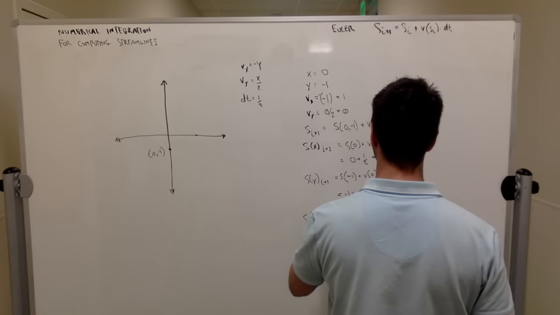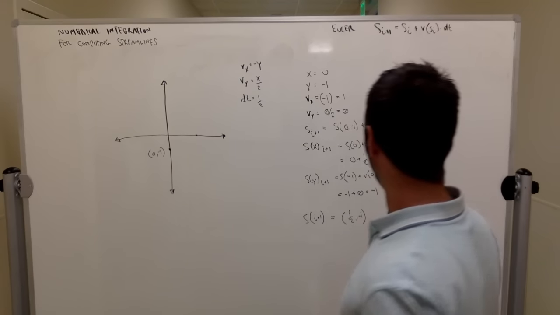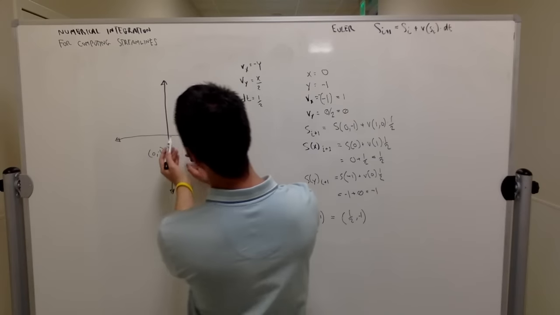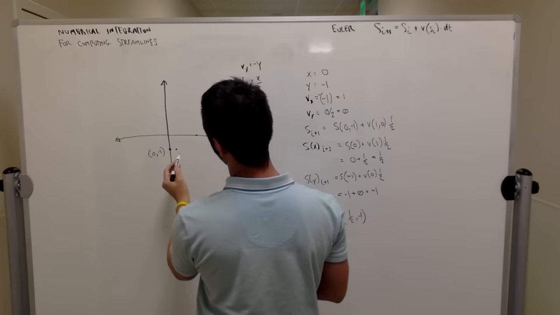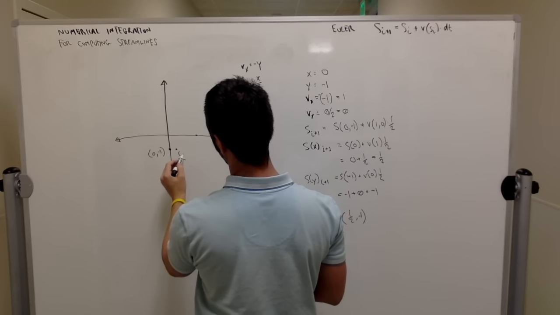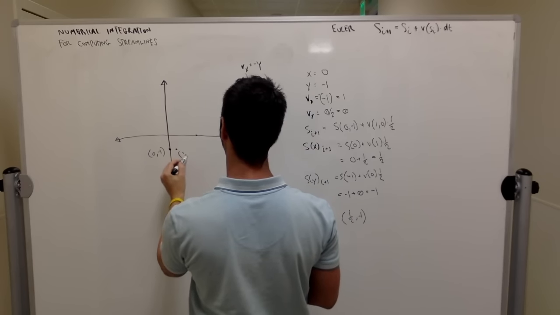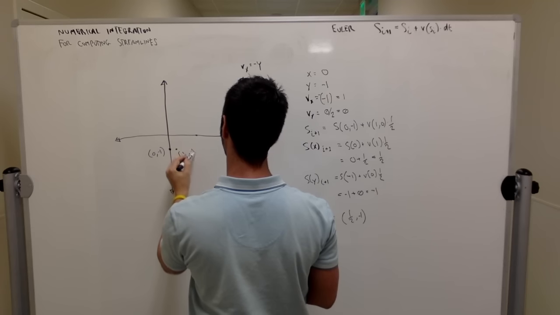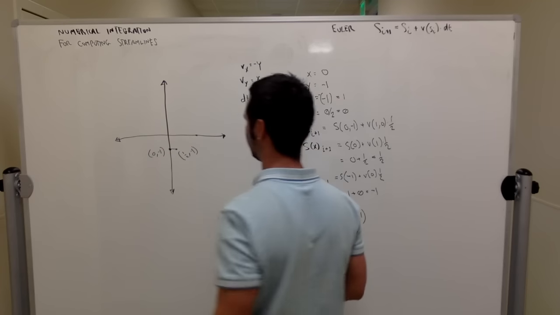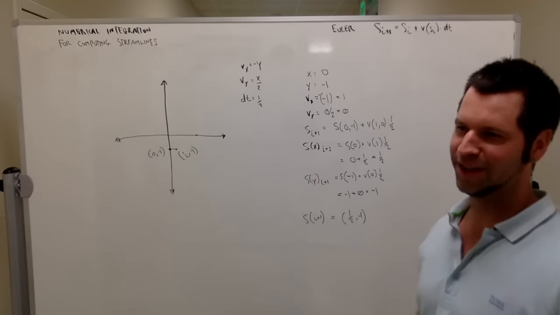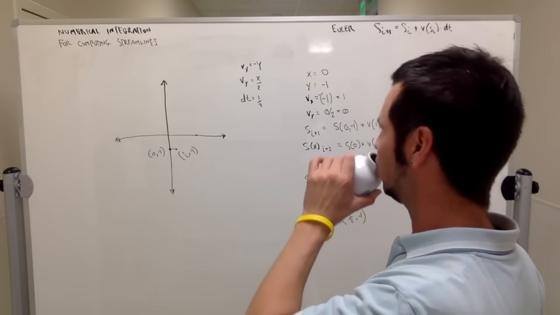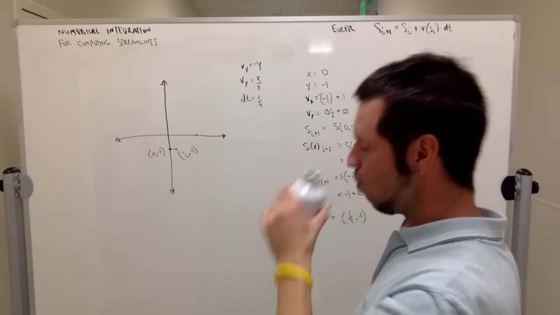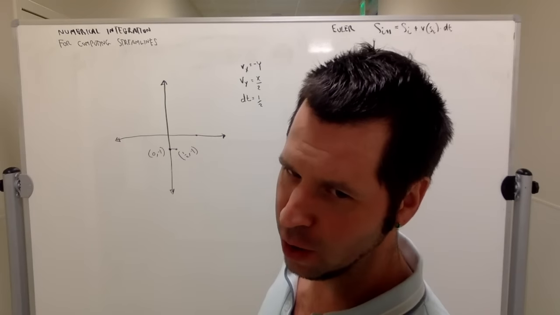Now where is that? That is a half unit over in the x direction and minus 1. So that's the approximate next point on the streamline. And it's not very exciting, but that's how you would compute it. And I hope that makes sense.